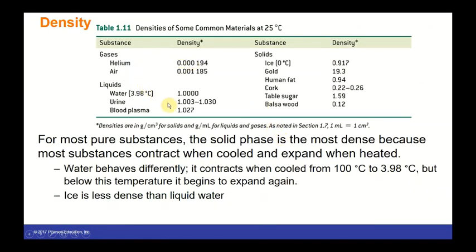Here we have some densities of common substances. Notice that most substances... you don't see it here, not on this table, but water has a density of 1 for liquid, yet the density of solid water is slightly less than that, and it floats on water, which is why we have ice water.